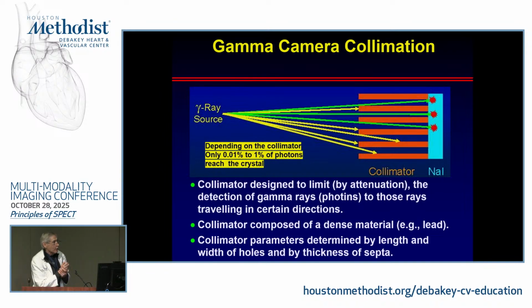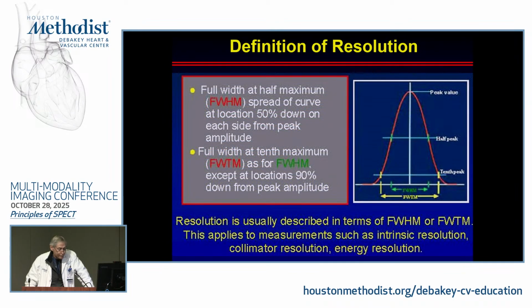So as it turns out, and this is a generalized statement, it depends again on what kind of collimator you're using, but at best, only 1% of the photons that are emitted from the patient actually are registered by the sodium iodide crystal. Well, that's pretty abysmal. I mean, 99% of all photons never get registered by the sodium iodide crystal, which is one of the reasons why we have to give the millicurie doses we give in order to generate a proper image.